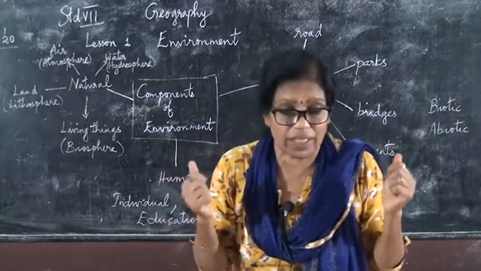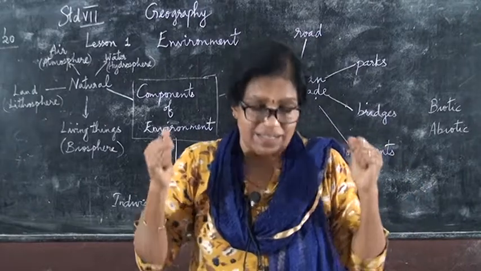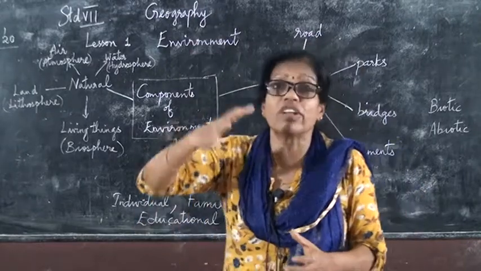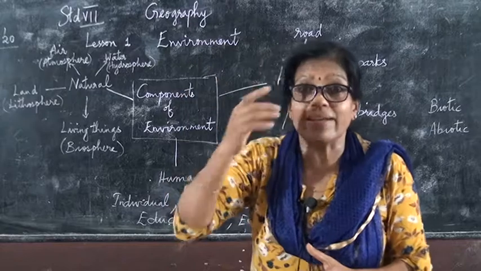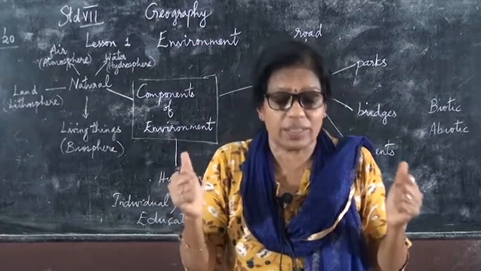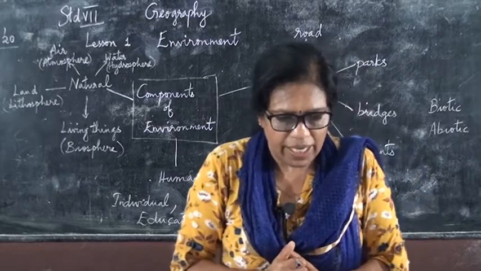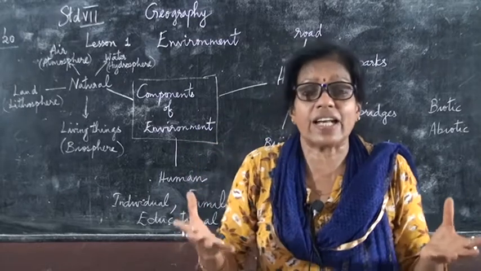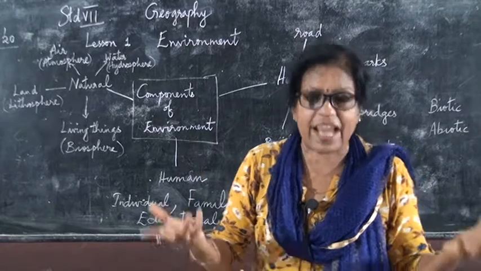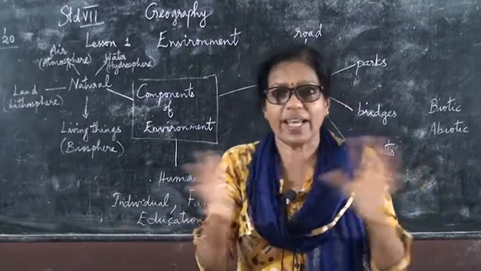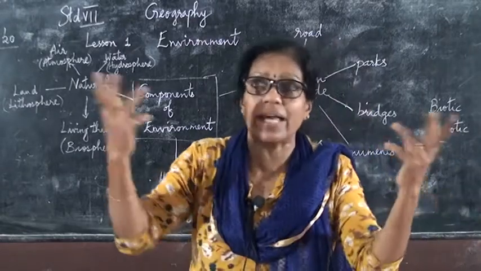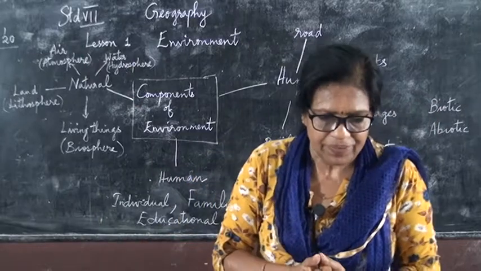What saves us from the terrible heat? This atmosphere. Even harmful rays like ultraviolet rays, what protects us from them? This atmosphere. And the changes in the atmosphere cause climate and weather. As the atmosphere changes, the climate and weather change accordingly.